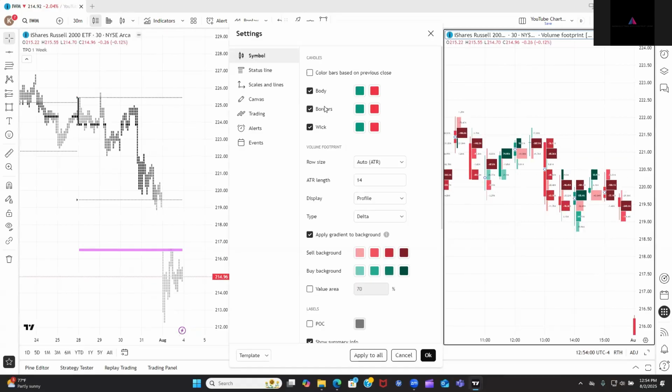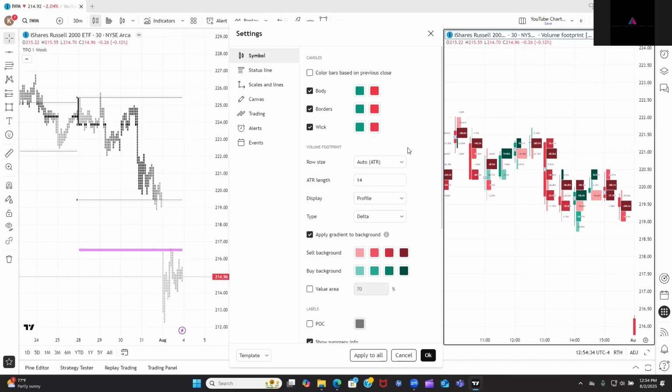Basically everything stays the same, with the exception of some preference settings that you may want to have. Everything is pretty much standard. The body, border, and the wick, I want to see all of that. The standard candlesticks: green is to buy, red is to sell. So green is a positive candle, a positive move higher from open to close. Red would be the opposite. Borders I want to show the same, and wicks the same as well.